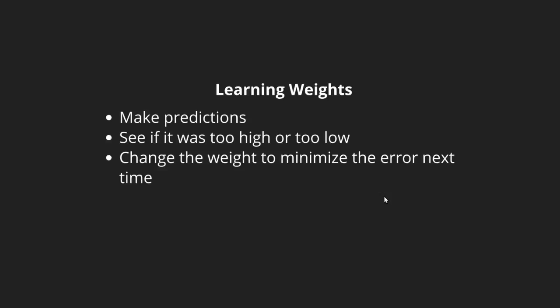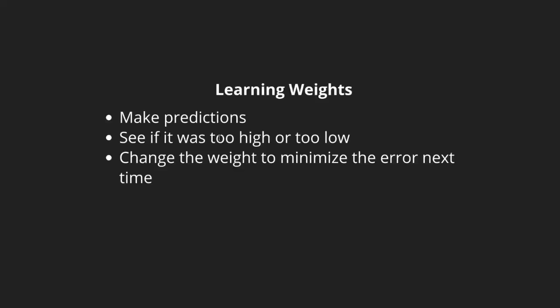So the idea is that we start with completely random weights, absolutely random. It doesn't matter what they are at the beginning, and we use these random weights to make predictions, to predict the output of the neural network. Obviously it's not going to be correct because the weights are random, but we will be able to see if our prediction was too high or too low. And then we will be able to use this to calculate our error.